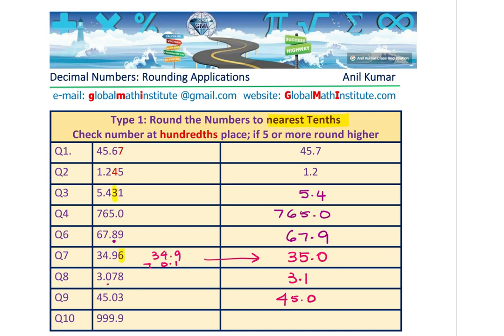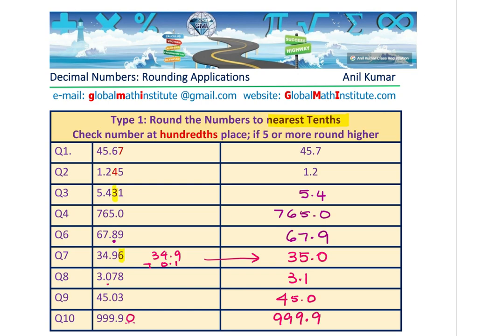The last one is 999.9. You're rounding to the nearest tens, and this number remains same because the 10th place is 9 and nothing after that, correct? If nothing after that, assume 0. Is that clear to you, right? So that remains exactly same. So we have 999.9 as our answer.